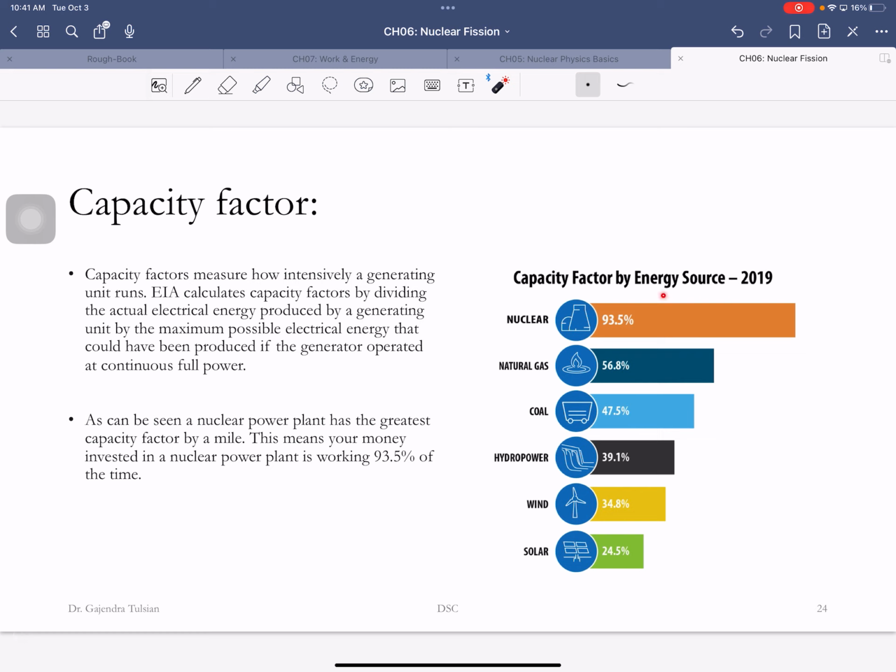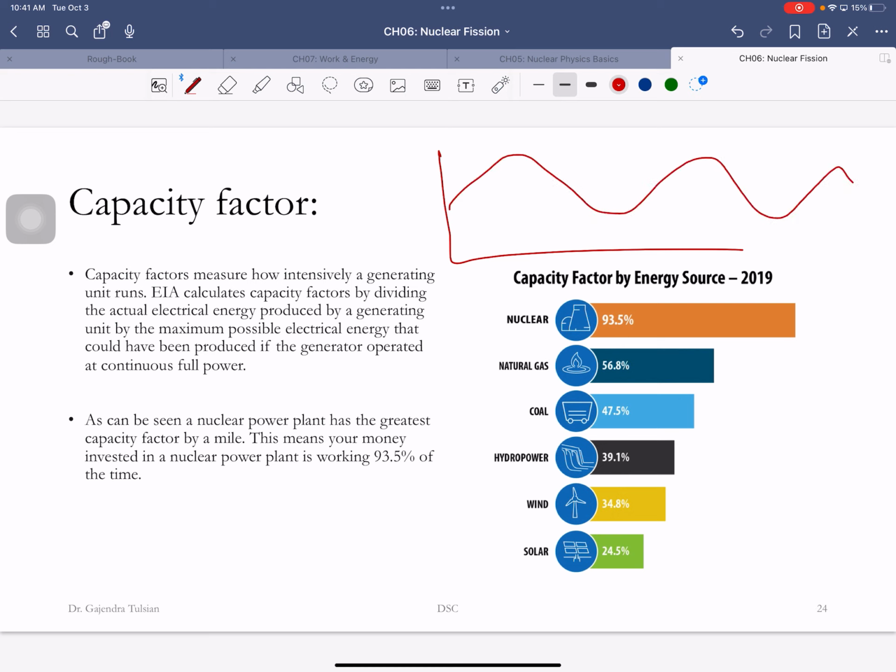Again, this is very important. We've mentioned this before. The thing with electricity is you've got to produce just as much electricity as you're using. So here's how the usage of electricity varies during the day. Nuclear reactors are best for this steady state need of energy.